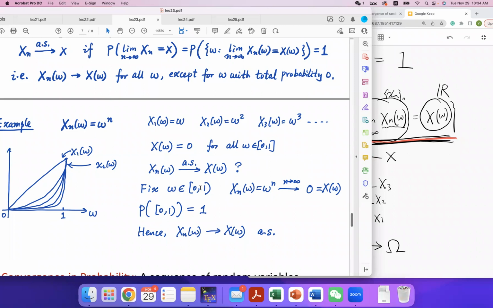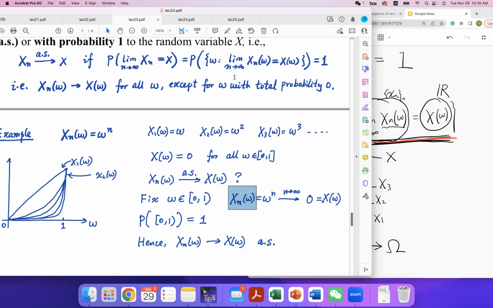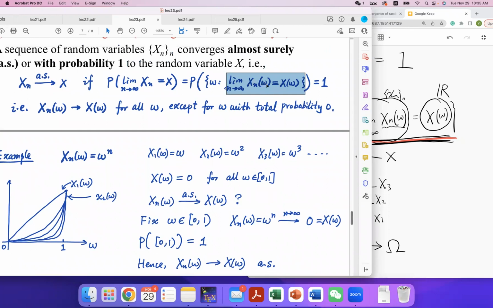If omega is strictly less than 1 and at least 0, then because we are raising to the power of n, as n goes to infinity, this is going to converge to 0. So for any omega between 0 and 1, not including 1, we do have this convergence. Xn(omega) indeed converges to X(omega).